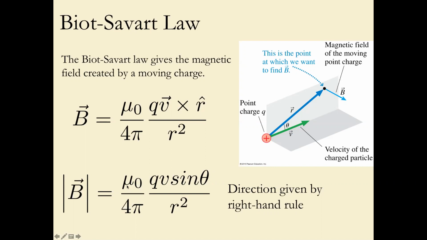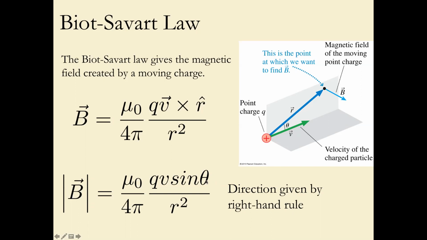So it is the distance between these two. If you would like to calculate the magnitude of the magnetic field, this is the equation. This is a cross product, so when we write the cross product for V and R hat, it is equal to the magnitude of V, the magnitude of R hat, which is 1, and sine theta, the angle between them.